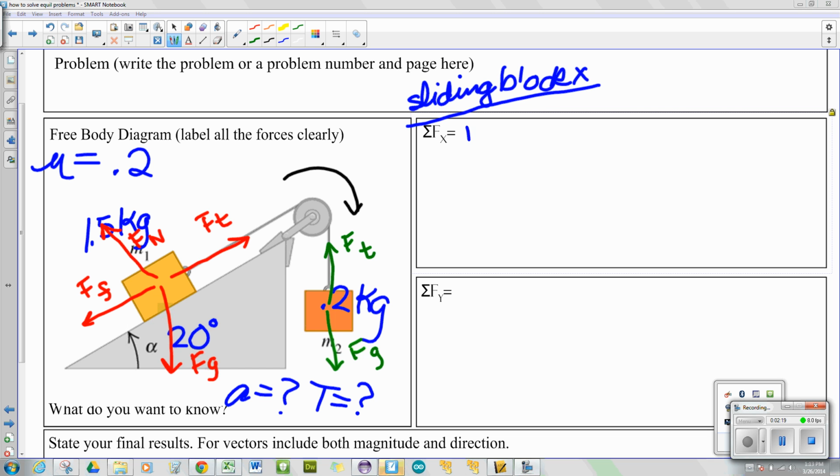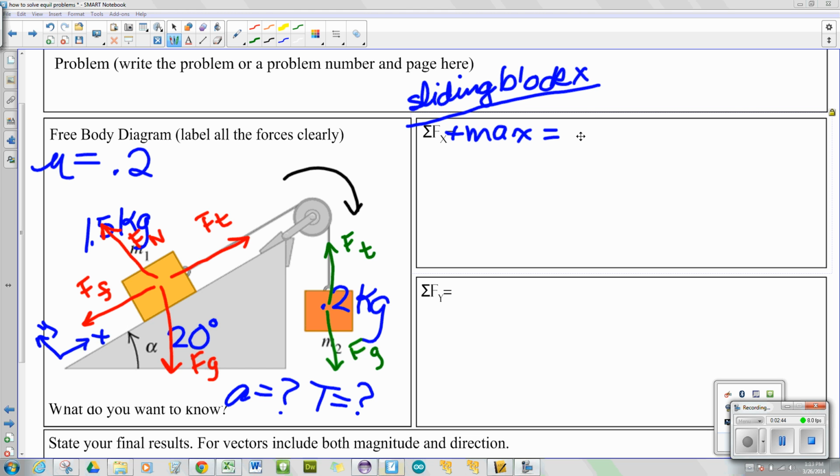So in the X direction, the sum of the forces in the X direction will equal mass times acceleration in the X direction. And let me think about the direction it's traveling. It's going to be speeding up to the right, because my coordinate system, this is my Y and this is my X. It will be moving in the positive X direction, so this acceleration is positive.